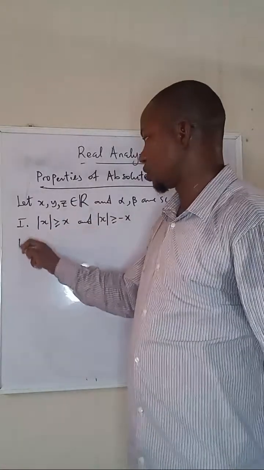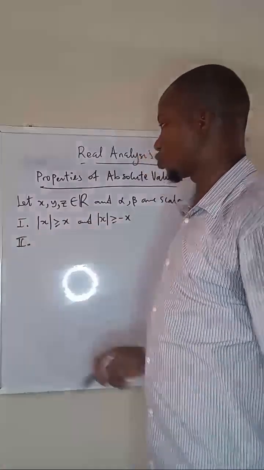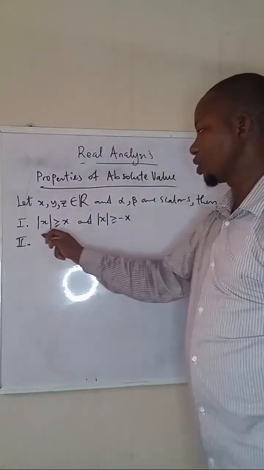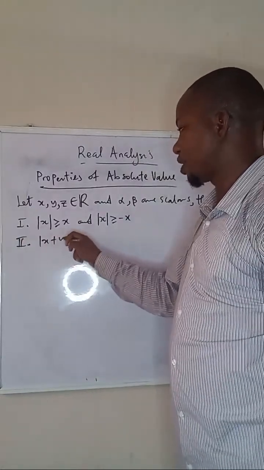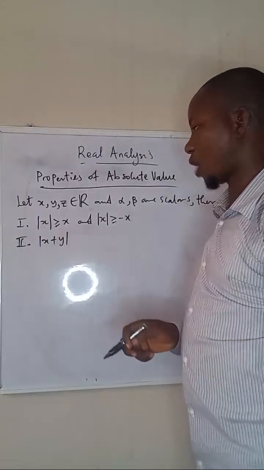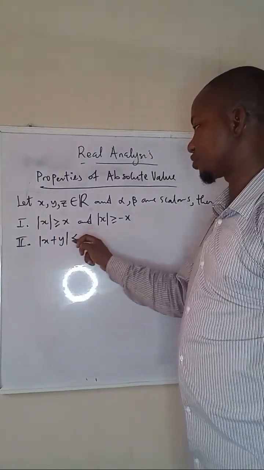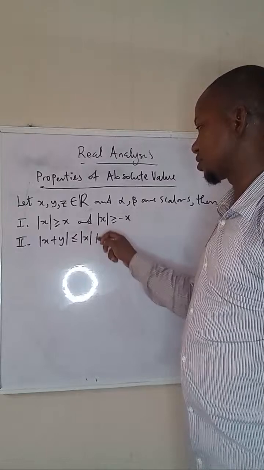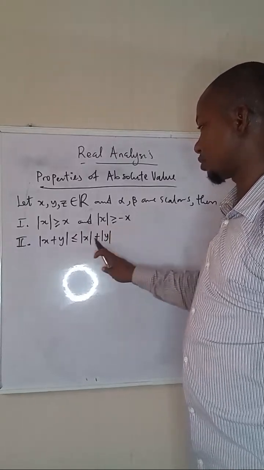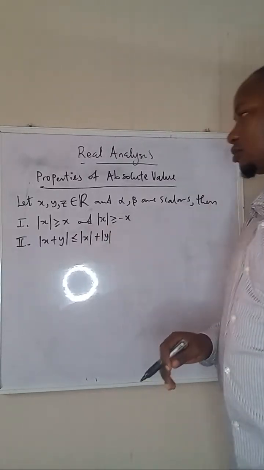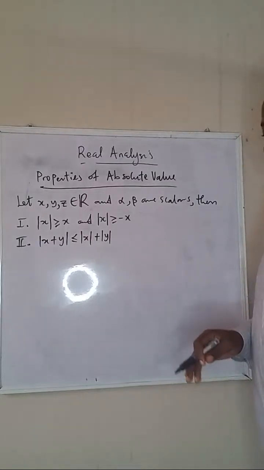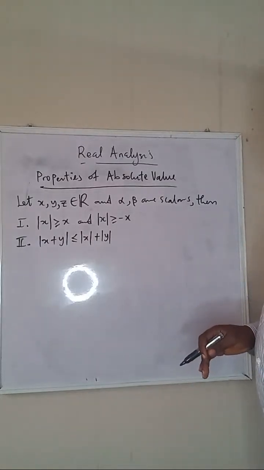So 2, the absolute value of x plus y is less or equal to the absolute value of x plus the absolute value of y. So this is the second property.